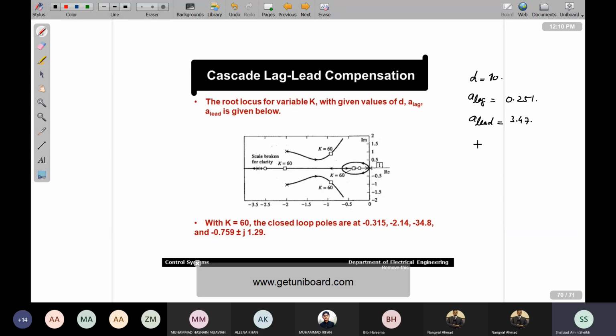So these are the values of put in your transfer function in the form of 1 plus k GCFS or GHFS के case में. So this is your ultimate system root locus.